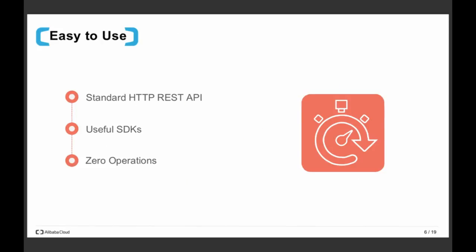Easy to use. Alibaba Cloud Message Service is exposed via HTTP REST, so you are not bound to any particular technology or programming language here. You can use this HTTP REST service to bootstrap your application, and then you can get messages, send messages, create queues, create topics, and all those activities.